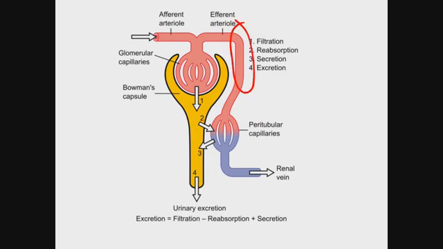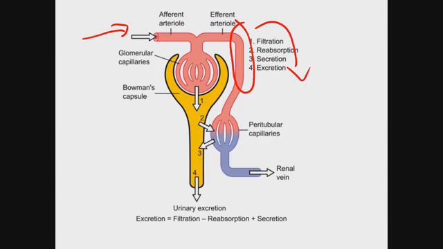Normally it's supposed to go from capillary to venule, but in the kidney it's not so. It's actually the second section of the capillary that goes out to form the renal vein. Afferent means going inward, and efferent means going outward. This is inside, and this is outside. This is where things occur.